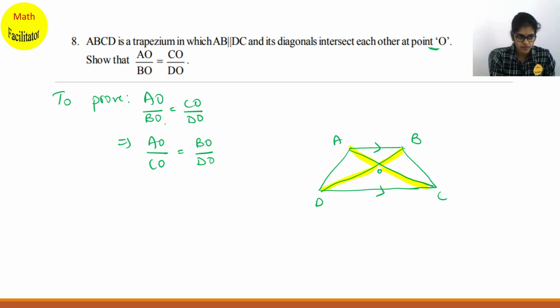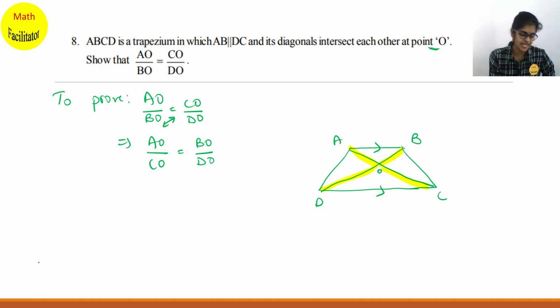See here, I am sending BO to this side and CO to this side. So CO comes to denominator, BO goes to numerator. So you have AO by CO is equals to BO by DO, isn't it? So which triangles are you getting? You're getting triangles in this way. Yes or no? So let us do it.